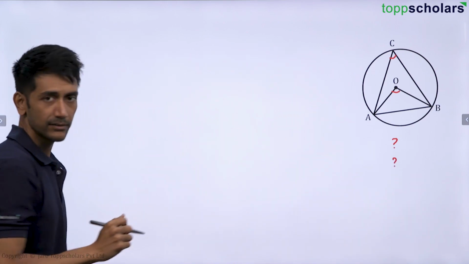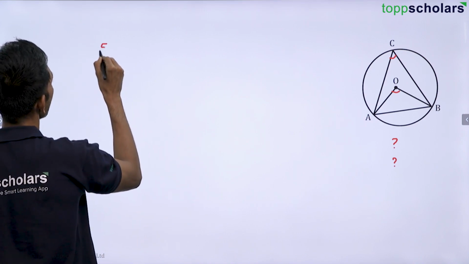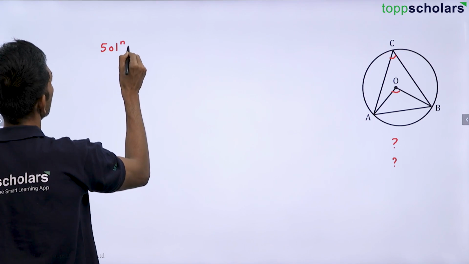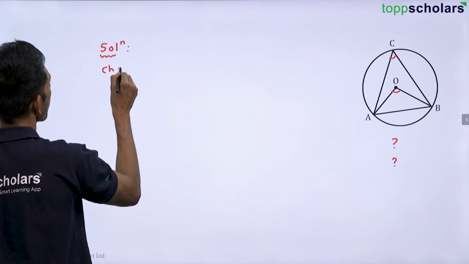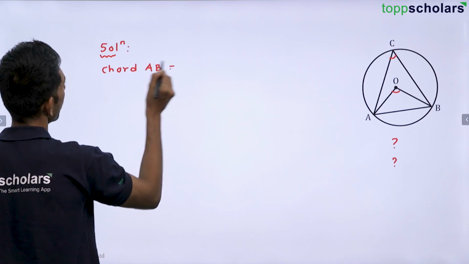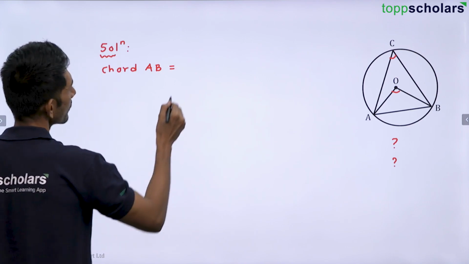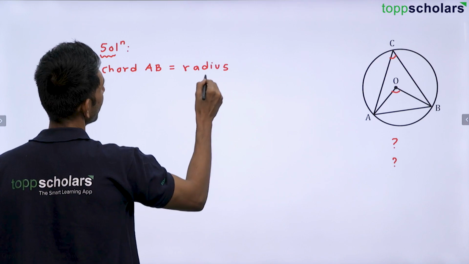Okay, now understand. What is given? Chord AB, right? It is given that the length of chord AB is equal to the radius. Can I say this is given?